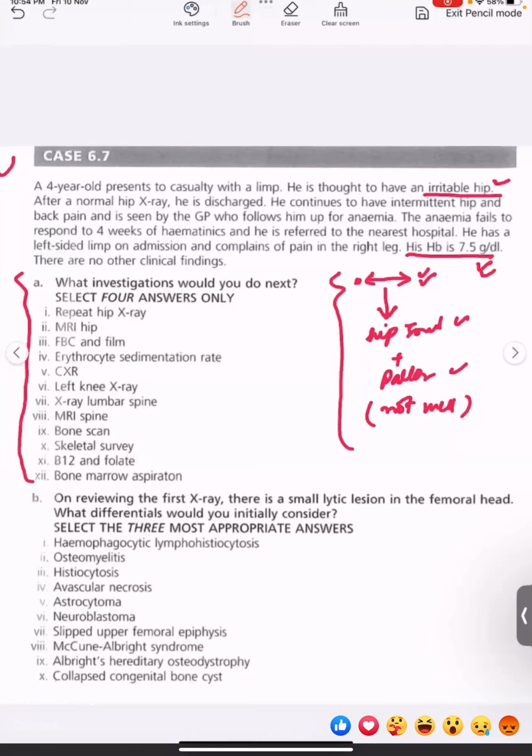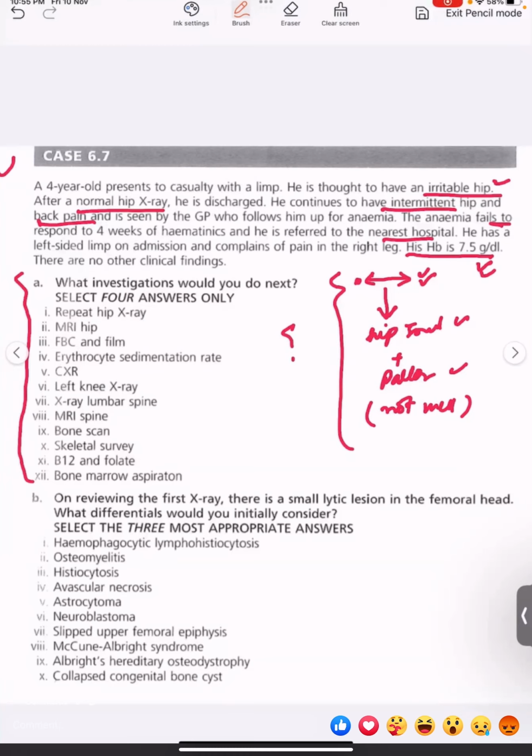The child came to me, I took a normal hip X-ray, so I discharged the patient, but the child is not feeling well. He continues to have intermittent hip pain, back pain. He is pale. He is not responding to the iron treatment, folic acid treatment, vitamin B12 treatment. Okay, so what is my suspicion here?